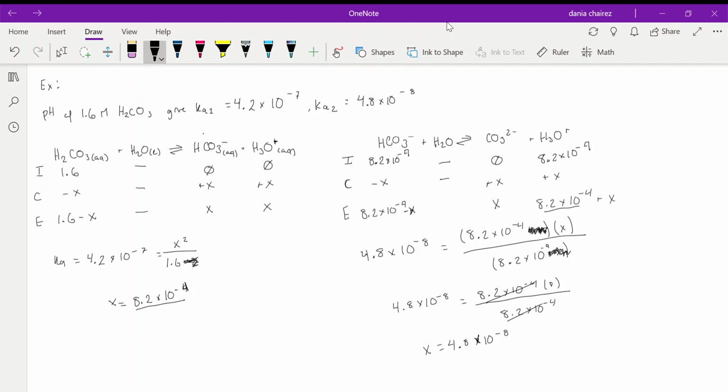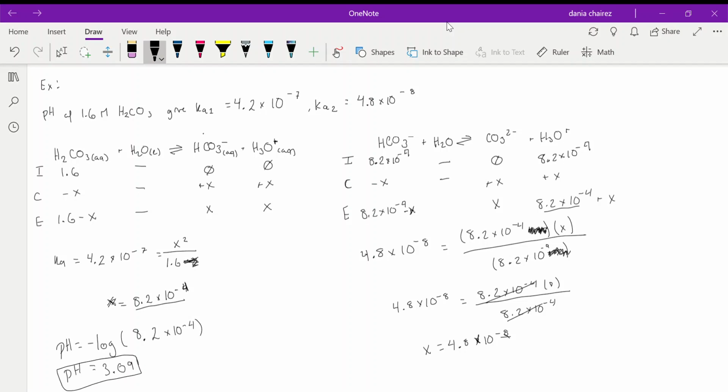So we could solve for pH after the first hydrogen is removed, essentially, because these next numbers are going to be so small that they won't affect this value at all. So pH is equal to the negative log of 8.2 times 10 to the negative 4. So our pH is equal to 3.09.